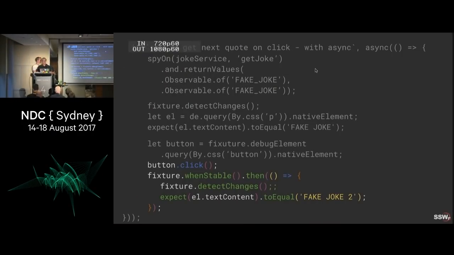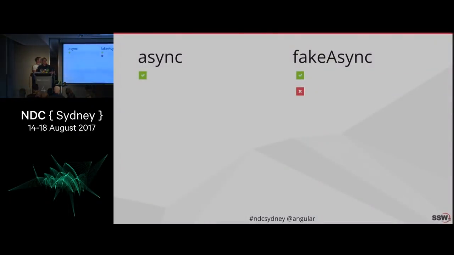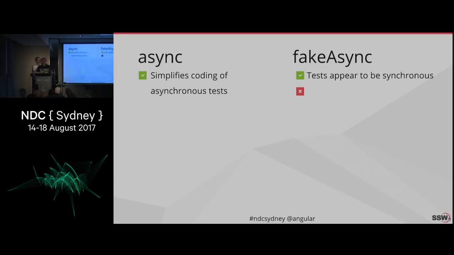So we had a look at using the async wrapper, calling the button click, and then using fixture.whenStable to resolve our async tests, as well as using fake async and using the tick method. The benefit of async is it really does simplify coding our asynchronous tests. I prefer fake async a lot of the time because the tests appear to be asynchronous.